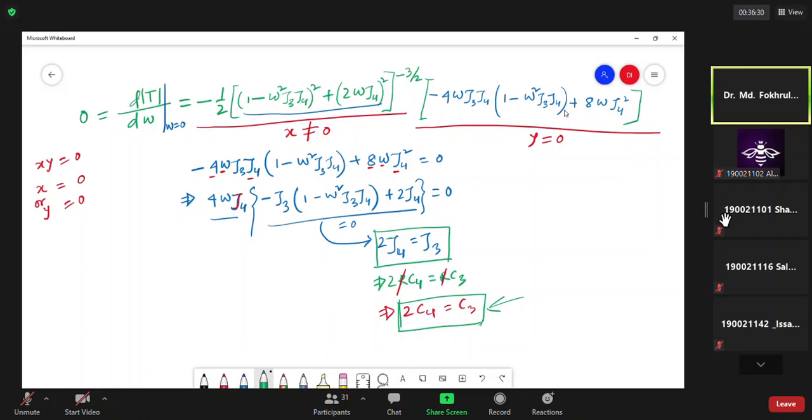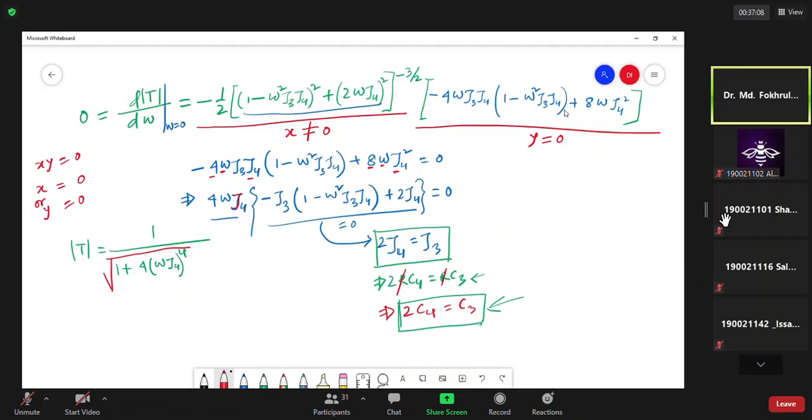And if we make this condition, then the magnitude will be changed as well. The magnitude T will be like this: (1 plus 4ωτ4 to the power 4) to the power half.